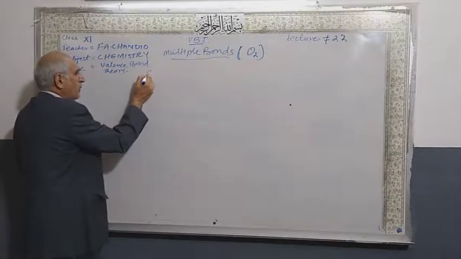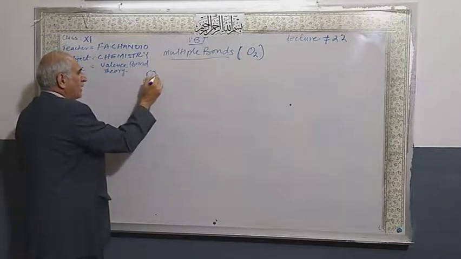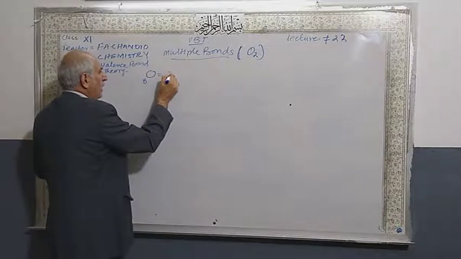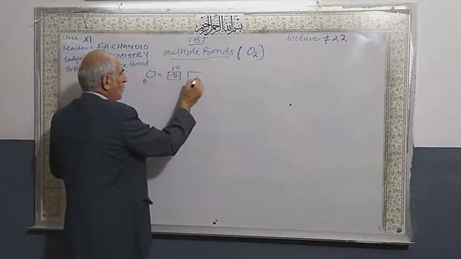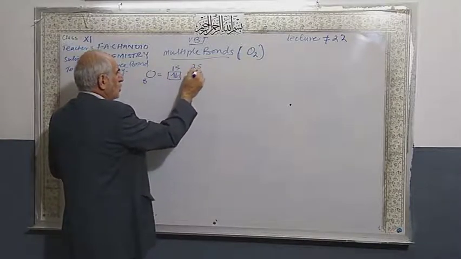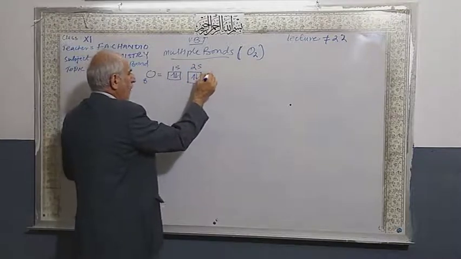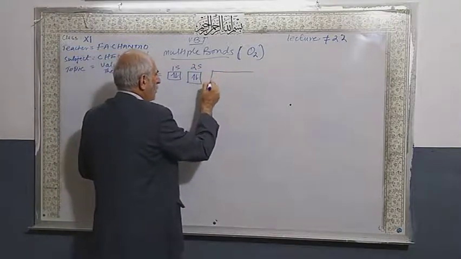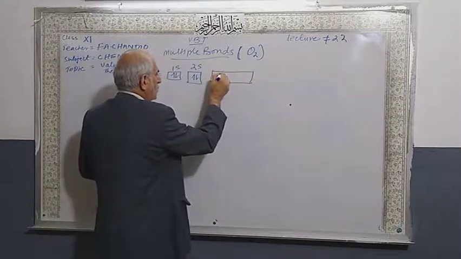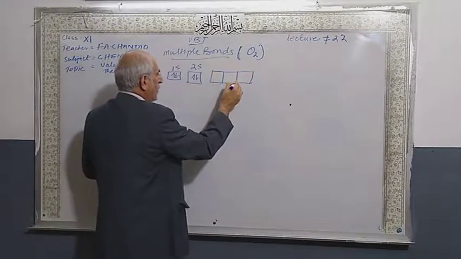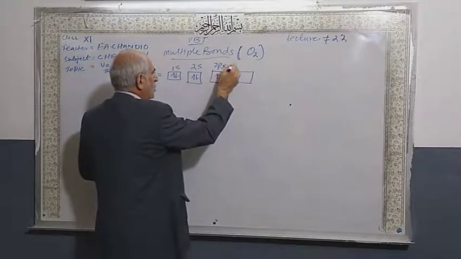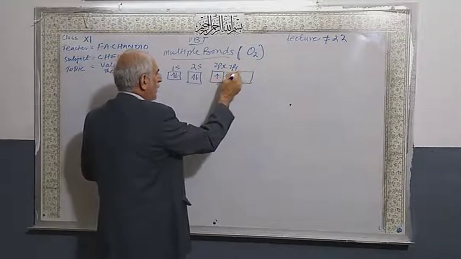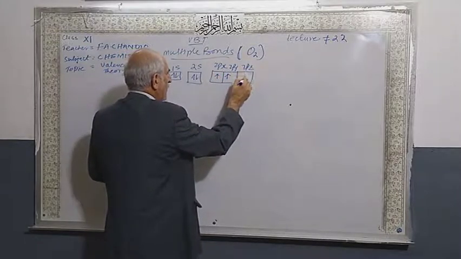This means oxygen, atomic number 8, and the electronic configuration is 1s2, 2s2, 2px, 2py and 2pz. 2px1, 2py1, 2pz1.